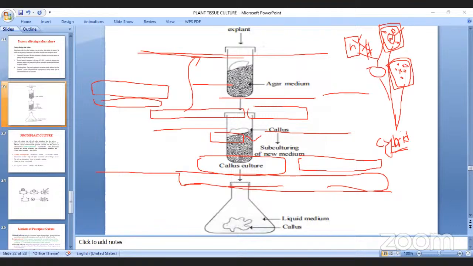The large, highly vacuolated storage tissue cells are placed in an osmotic solution. That means a hypertonic solution, in a beaker, a high concentration solution.